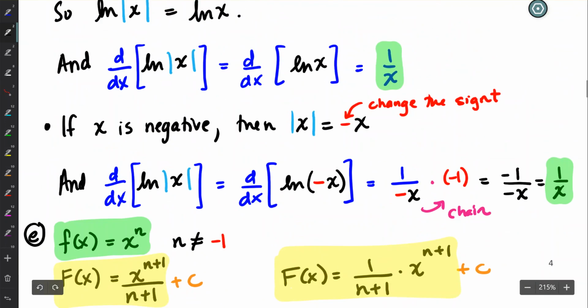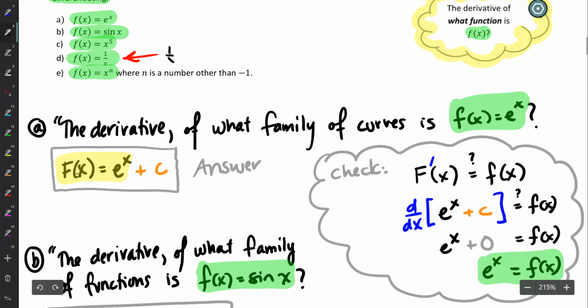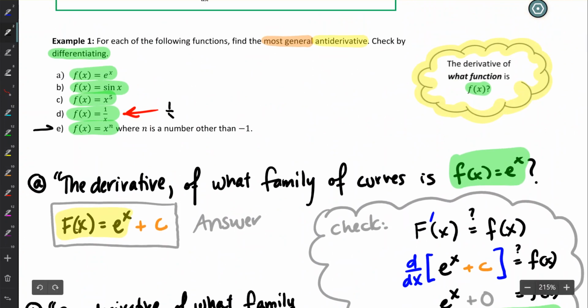What was power rule in reverse? In example 1e, we said when the exponent of x is a number other than -1, right? When it's -1, 1 over x is x to the -1 power. So when you are integrating, when you are undifferentiating, when you are looking for the general antiderivative of 1 over x, what is that?